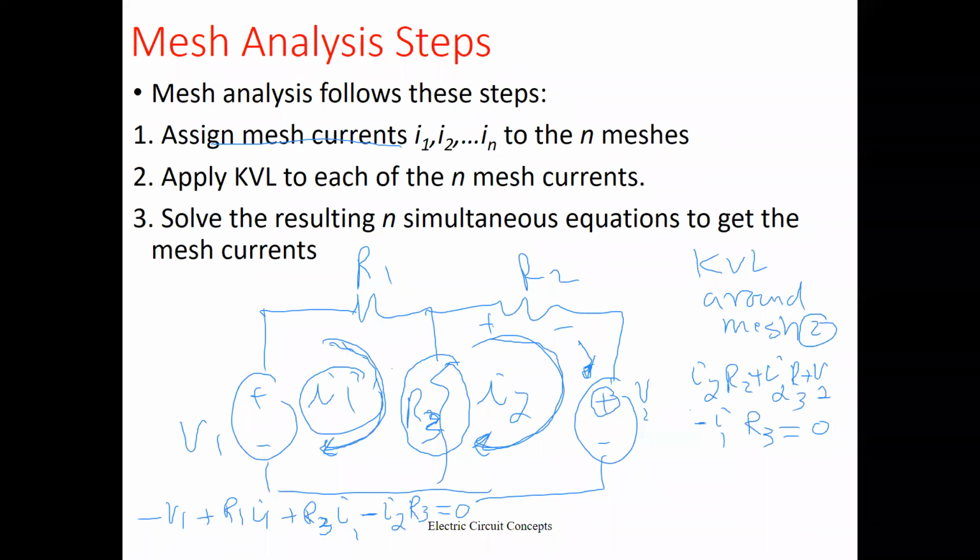So this is a plus minus, and this is a plus minus. So the voltage drops across R2 and R3 caused by I2 have a plus sign. Now, the contribution of I1 toward the R3 is a minus because I1 is in the opposite direction of I2, so it would be minus I1 times R3.